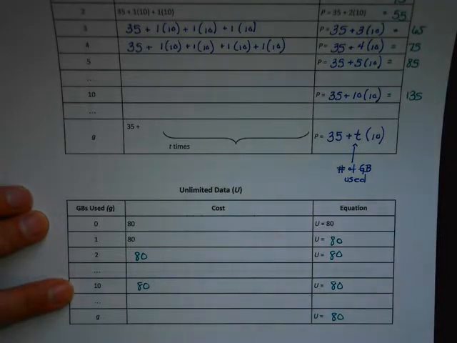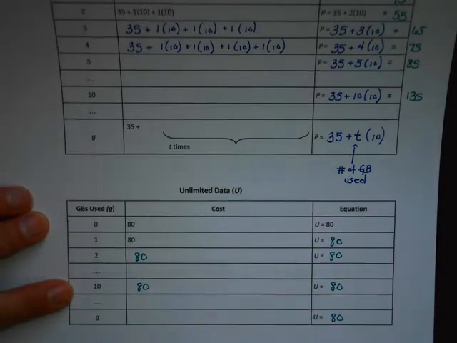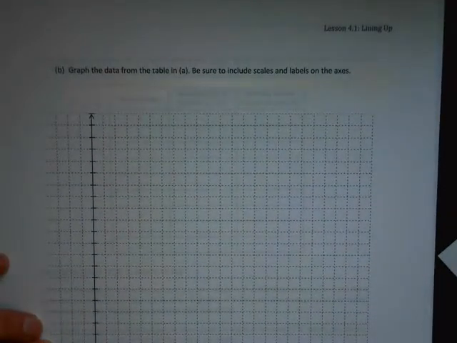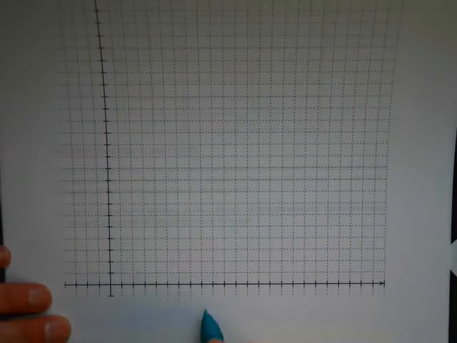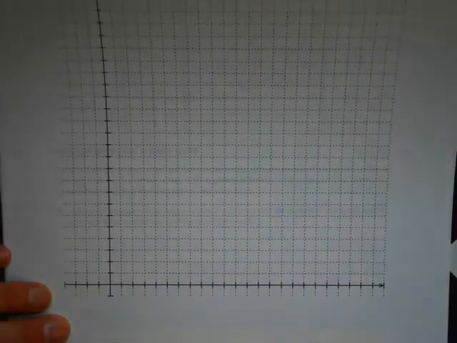All right, so what I want to do is I want to practice graphing these, okay? So on the horizontal, this is going to be the input. It's always going to be this first column, the number of gigabytes used.